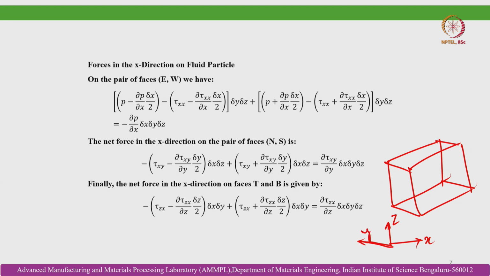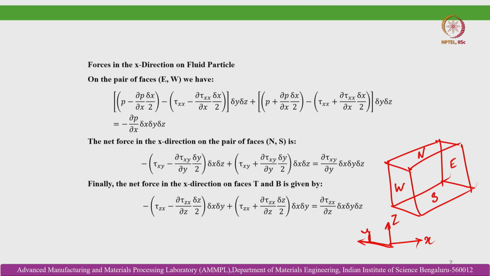Then we have the pairs of faces: the east and west. This is the east face and this is the west face, and this is the north face, this is the south face. This is how the fluid element is shown over here.